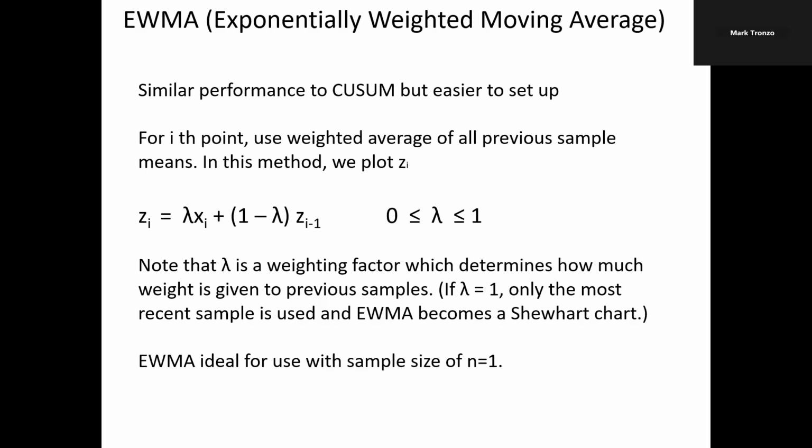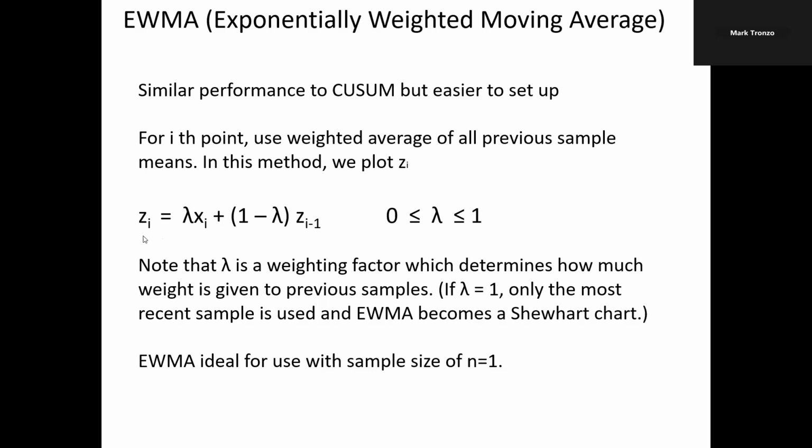So here's the equation: Zi equals lambda xi plus 1 minus lambda Zi minus 1, where lambda is between 0 and 1. Here, i is the current sample that you're choosing, and the Zi's are what you plot.